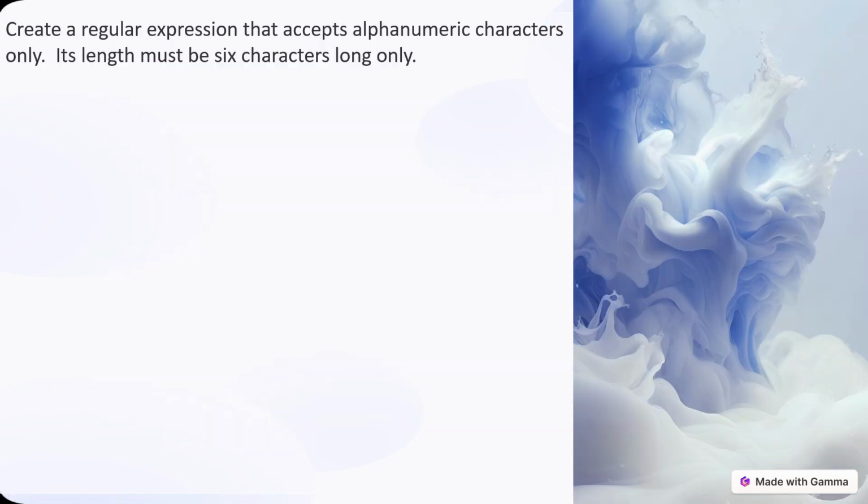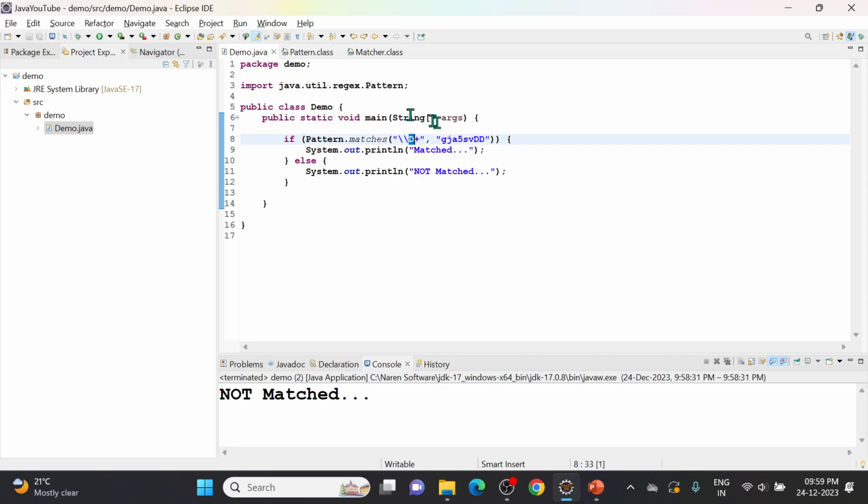Two examples I will give you. Create a regular expression that accepts alphanumeric characters, and its length must be 6 characters only. Alphanumeric means it should be digit and character, any digit or character it will allow. So I can say A to Z, small a to z, and 0 to 9.